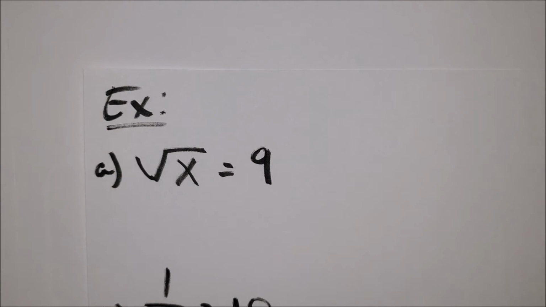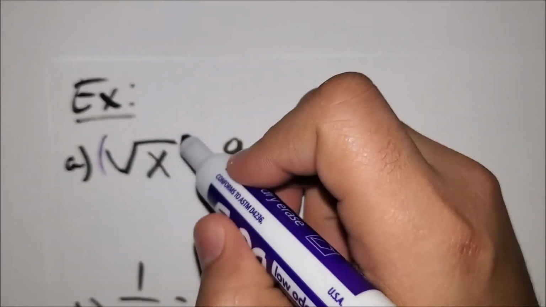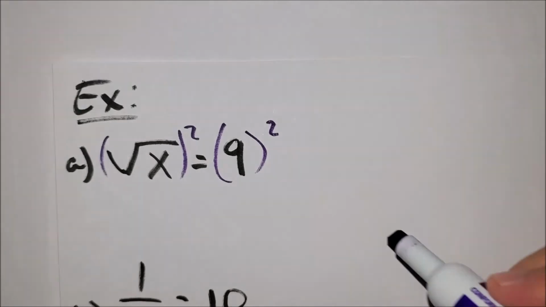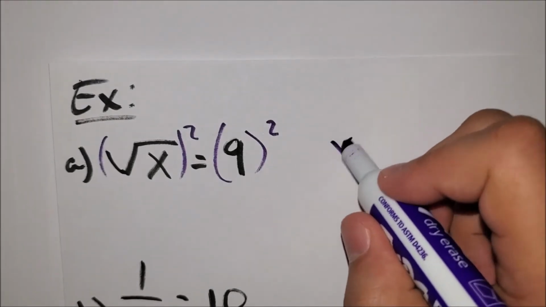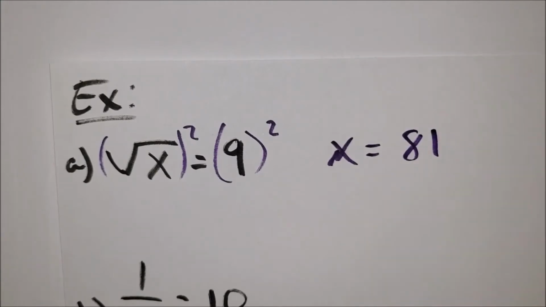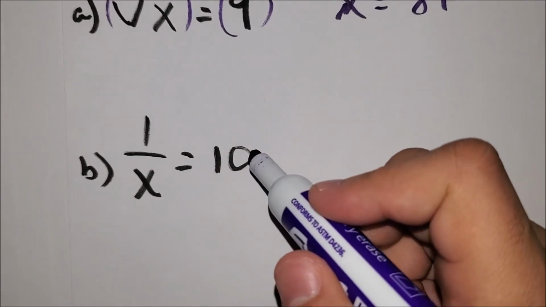So let's work out a few examples. Here we've got the square root of x equals 9. And so all we do is we square both sides, and we end up with x equals 81. Here we have 1 over x equals 10.